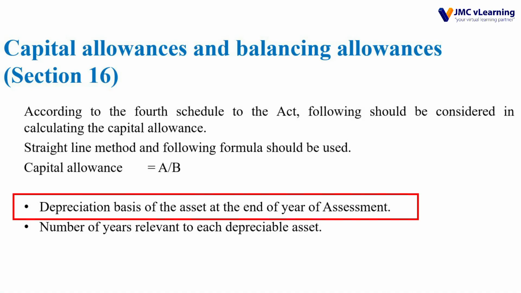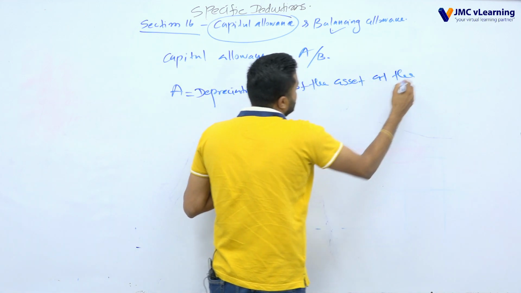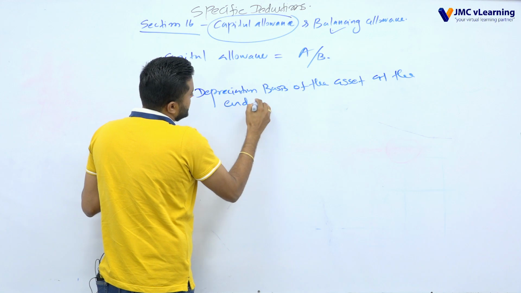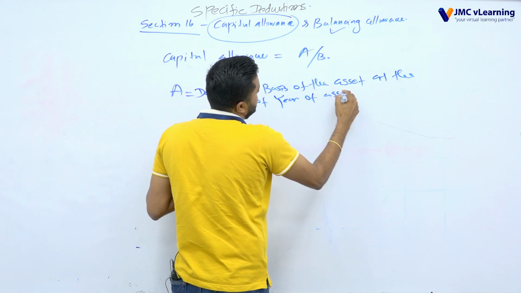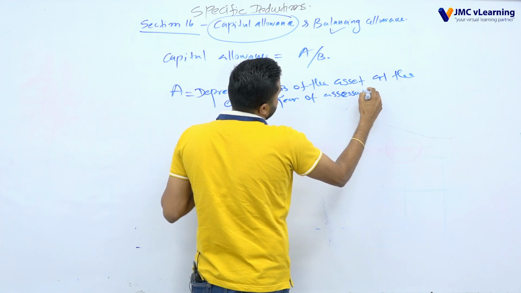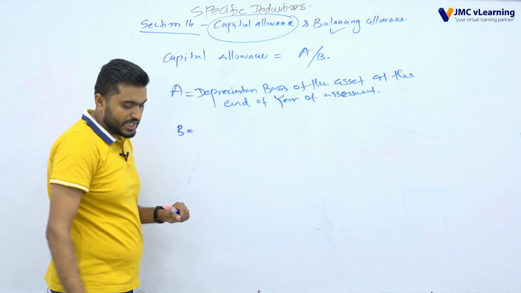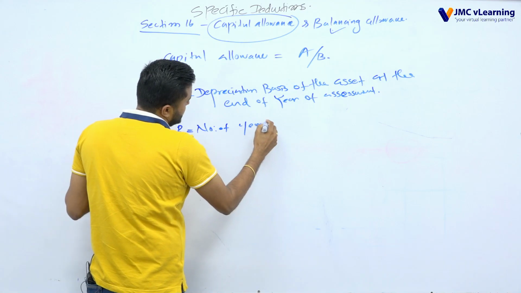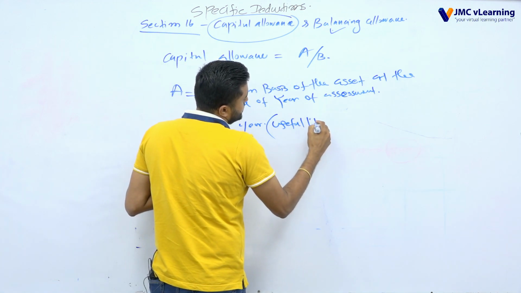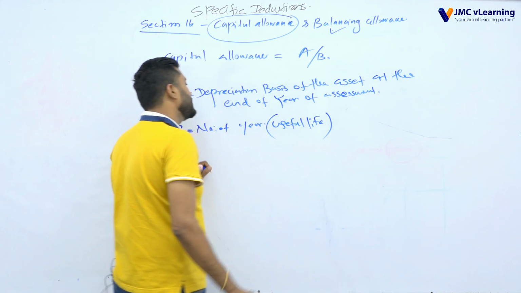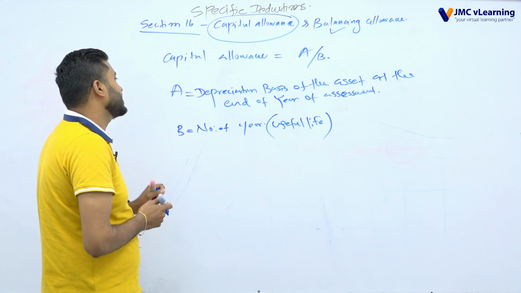The depreciation basis of the asset at the end of the year of assessment. B equals the number of years, otherwise that is the useful life. So this is the way you can calculate the capital allowances.